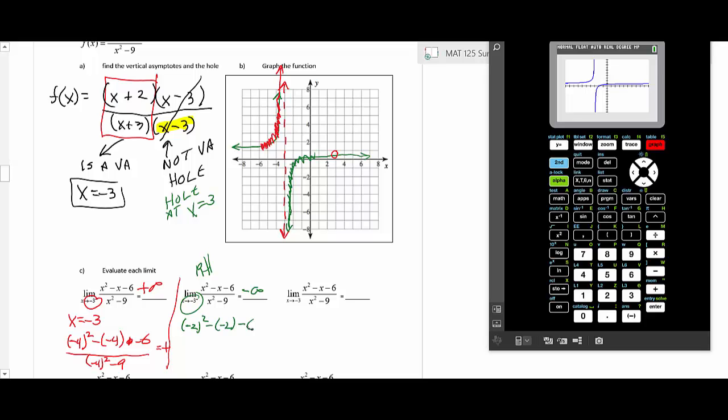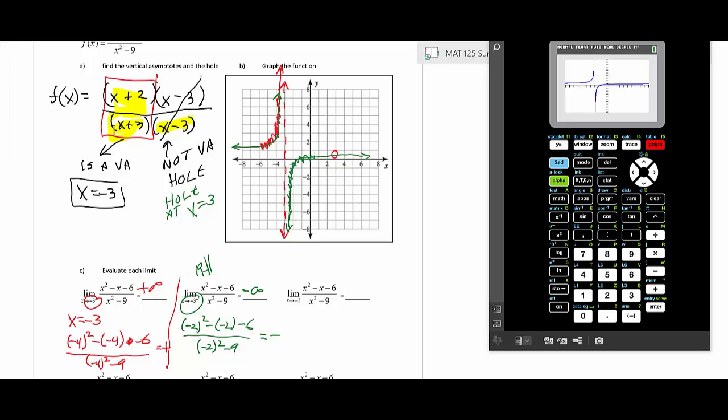I'm just reminding you that without a graphing calculator, you could work that out and you'd get a negative answer. Yes? Can you plug that number into the other version? Yes, that's even better, and that's what I'm going to do on the next problem. What he's saying is, since this canceled out, why don't we just plug the number in here? That's the smart way to do it, because it's easier. That's what I do, okay?